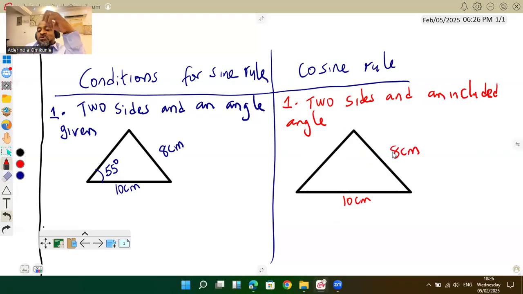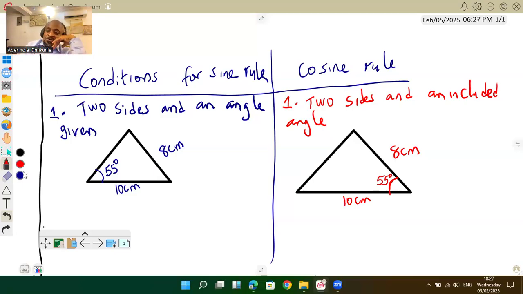Now, if this were a cosine rule question, the angle will be included, which means the angle will be in between the two sides given. I will say that again because that's the important aspect of this. For you to use cosine rule, the angle has to be in between the two sides given. So you have two sides and an included angle, and that is cosine. That's the first condition for sine rule, and that's the first condition for cosine rule.